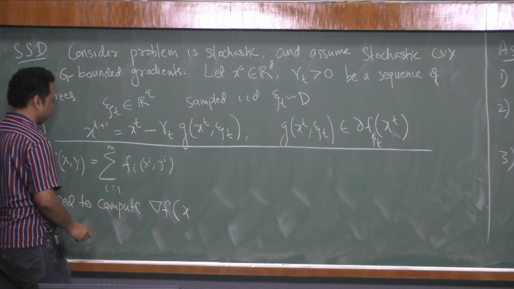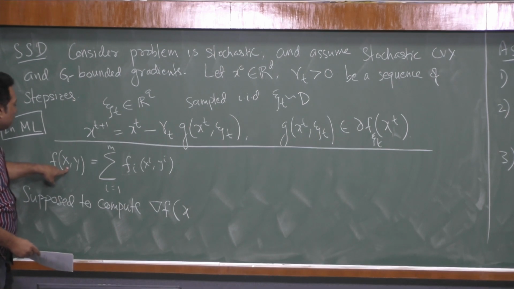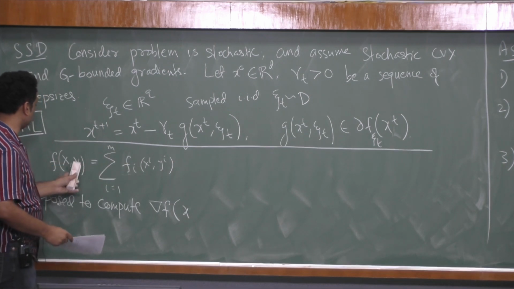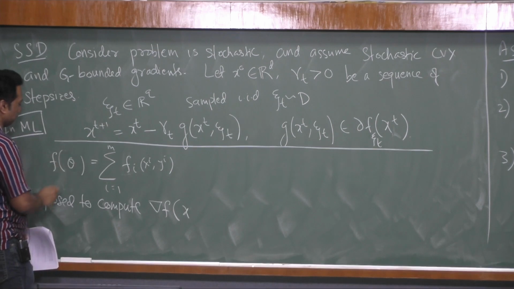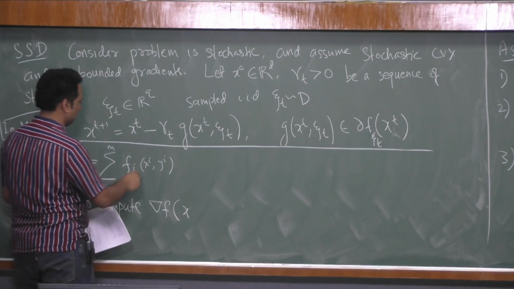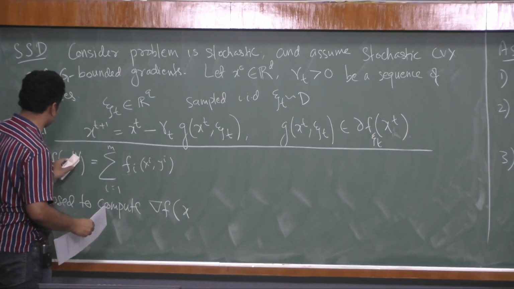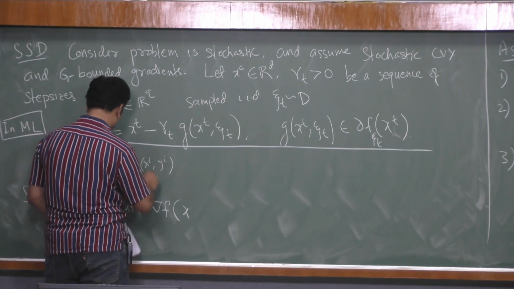Since this will be a function of some parameter theta, the way to see this is that the x, y's are there in the error calculation, but I see this as a function of theta.